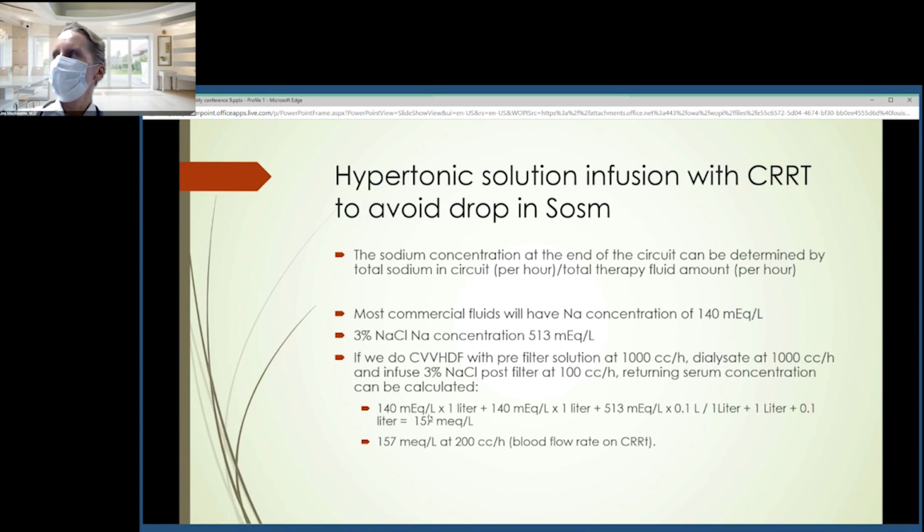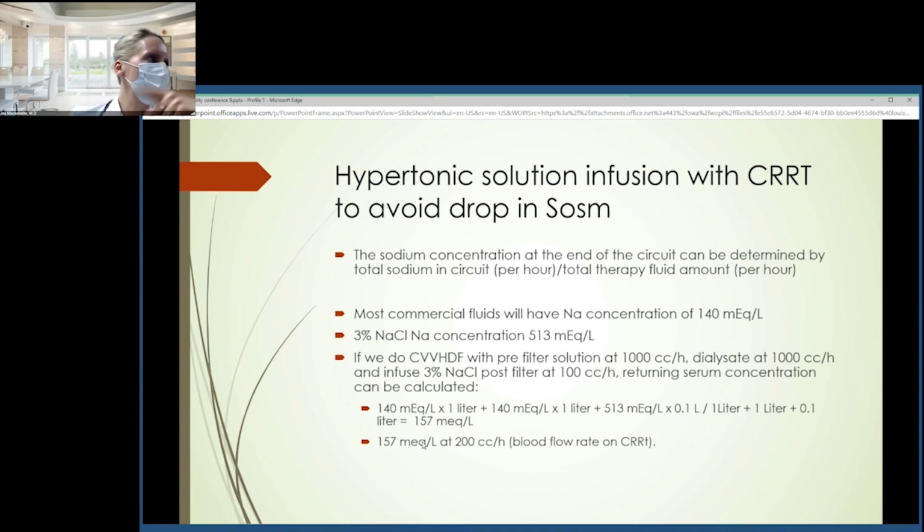So 140 milliequivalents per liter times 1 liter will give you pre-filter sodium content, plus 140 times 1 liter, which is dialysate sodium content, plus 513 times 0.1, which is your post-filter replacement sodium content, divided by the total fluid volume, which is 1 plus 1.01. And then it comes up to 157 milliequivalents per liter.